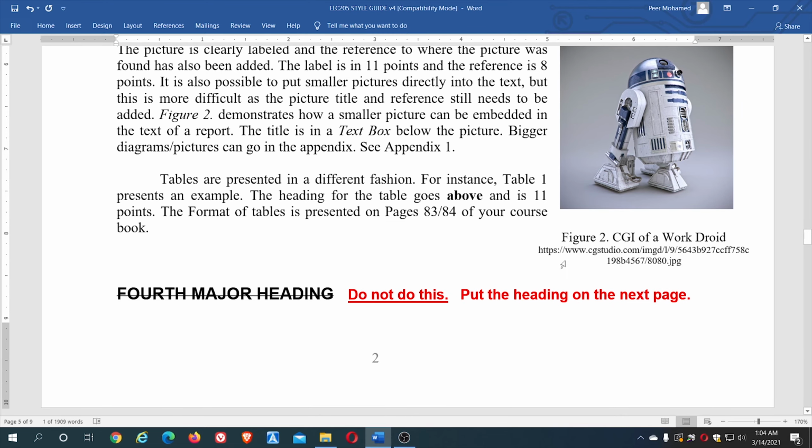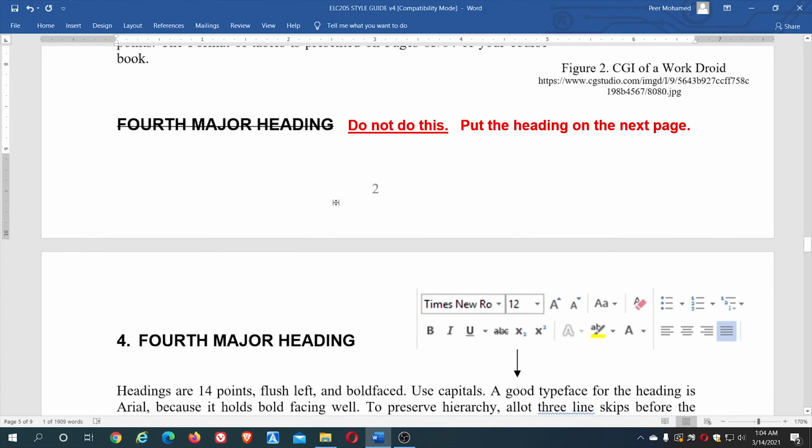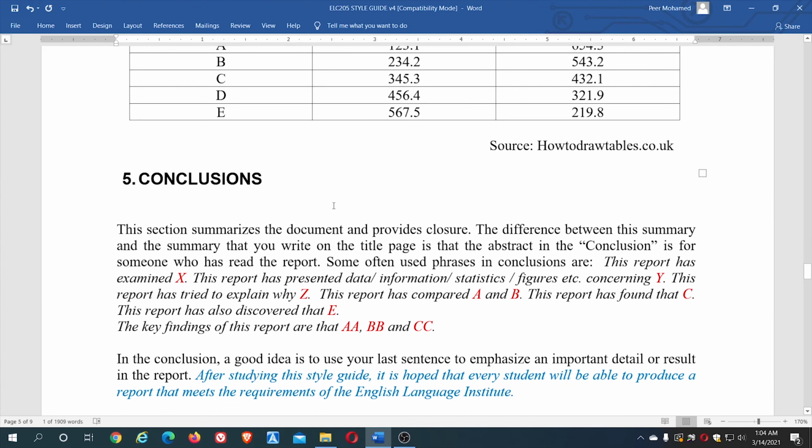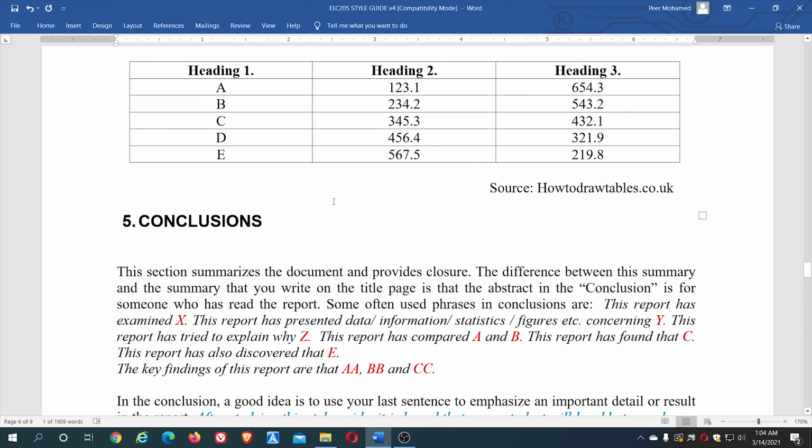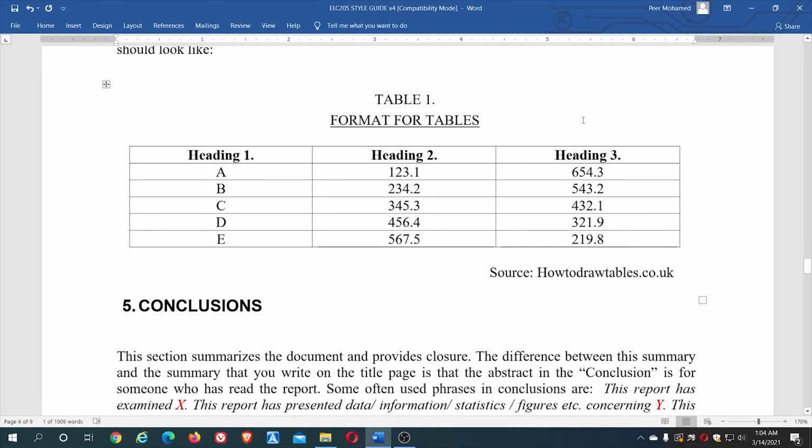For this picture, this is the website address. For the table, I told you the title will be written above the table, and the source is given at the bottom. So chapter 4 is done.